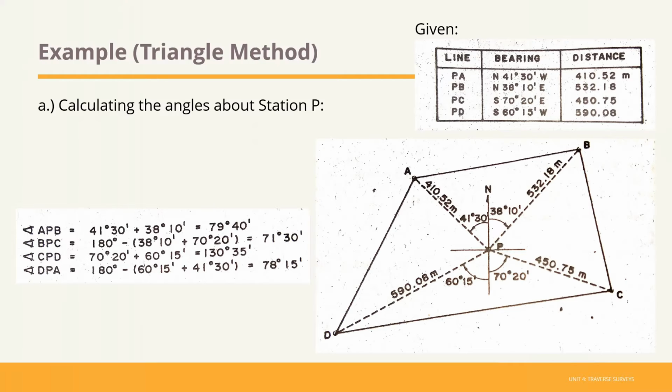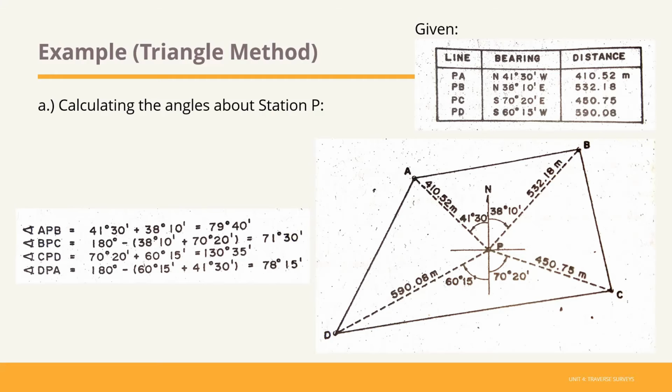Next is the angle of the triangle BPC, which can be obtained by deducting the sum of the given angles, 38 degrees 10 minutes plus 70 degrees 20 minutes, from the supplementary angle, 180 degrees, which turns out to be 71 degrees 30 minutes.